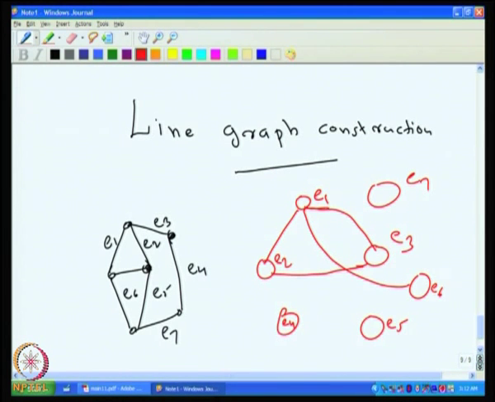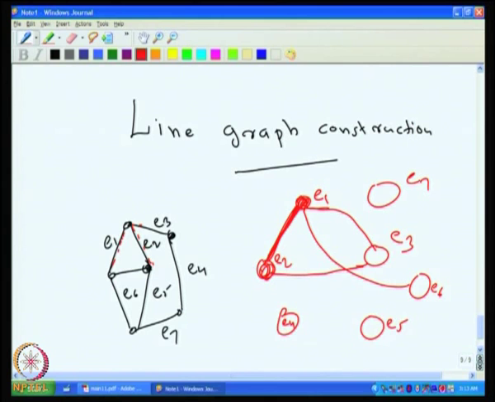So, what I am going to do is, whenever two edges E1 and E2 are adjacent, then I am putting a connection between them. So, this edge E1 is connected to this edge E2, then I am putting an edge between them, right.